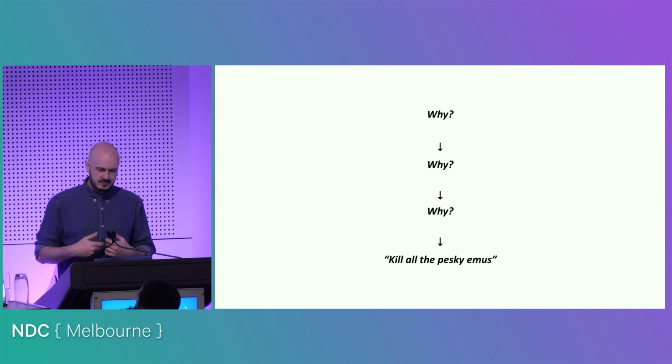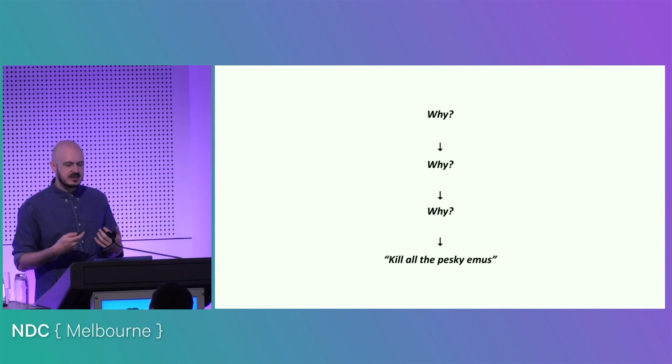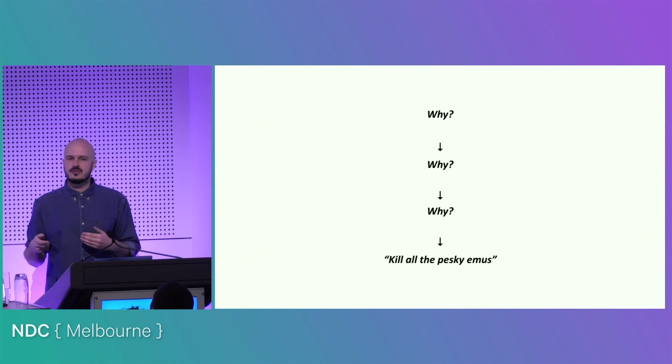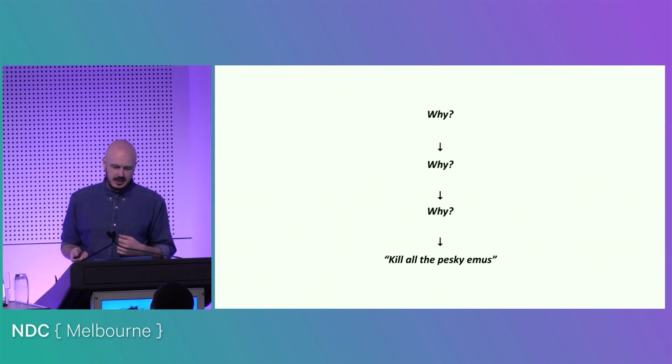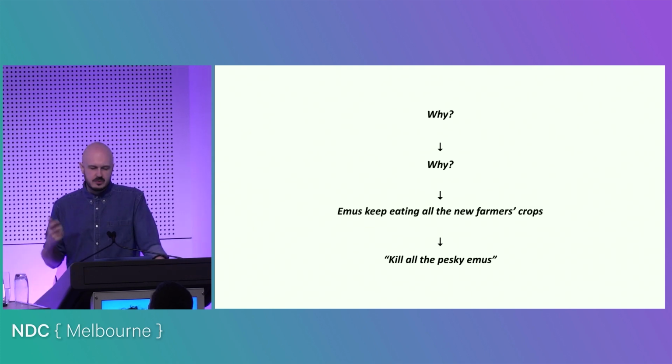So, if you remember that goal, kill all the pesky emus, that existed because the emus kept eating all of the new farmers' crops. Okay, but why? Why were they eating all the new farmers' crops? Well, this was because these brand new farms were set up along long-standing emu migration routes. That sounds like a clever idea, doesn't it? Where should we put the farm?